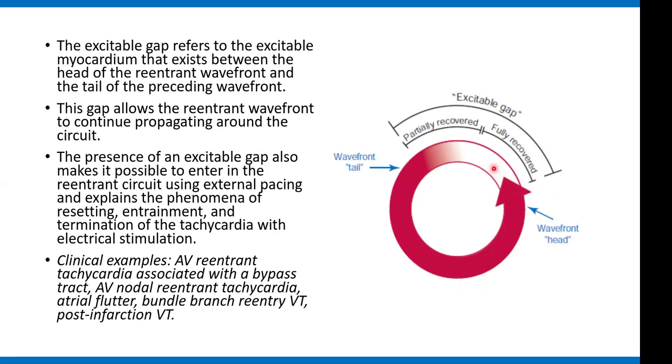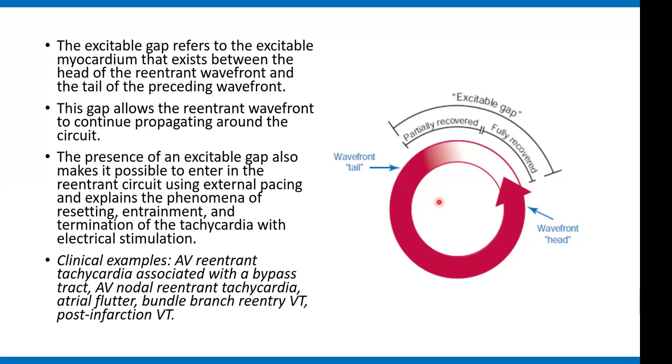So it means that it can depolarize it. Okay. But then you have this waveform going through like that. So this one gets depolarized, repolarized. So until this cycle is broken, you continue to have a re-entry phenomenon occurring. And that is where you will have, what do we call it?